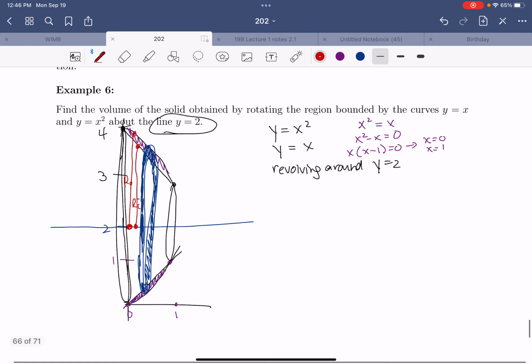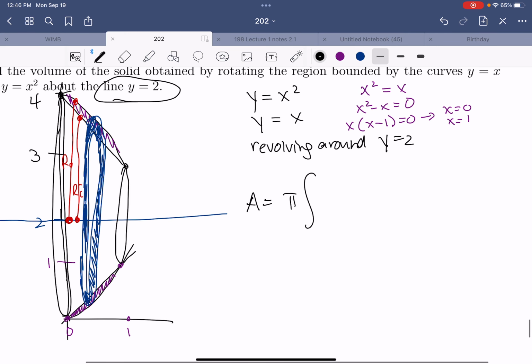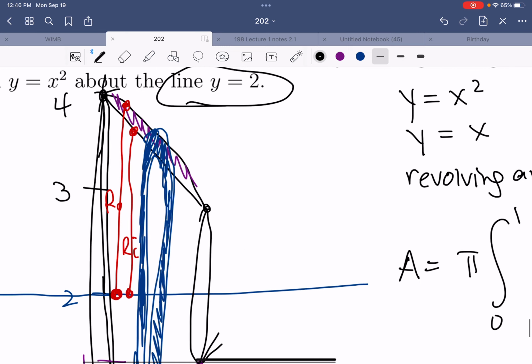So what happens to our area? Our area is pi times the integral, and we're integrating over the x values from 0 to 1. Now, we are going to think about the area here as top minus bottom for each of these radii because our bottom is now not 0, okay? So we're going to take the curve for R outer.